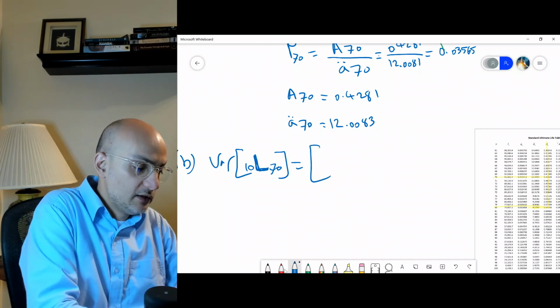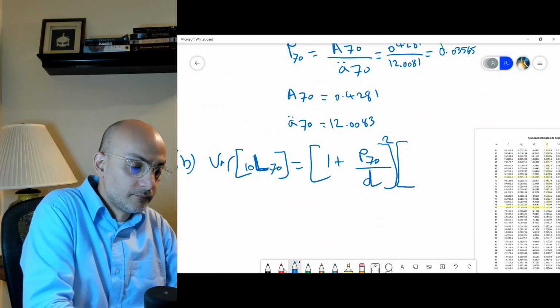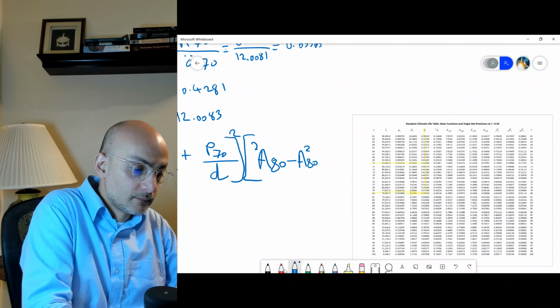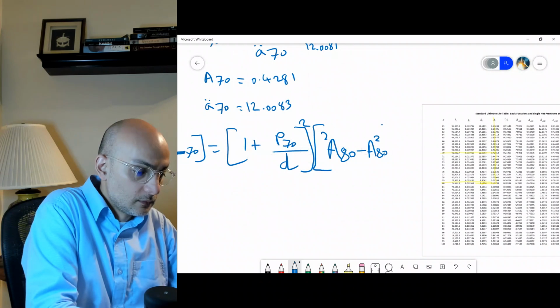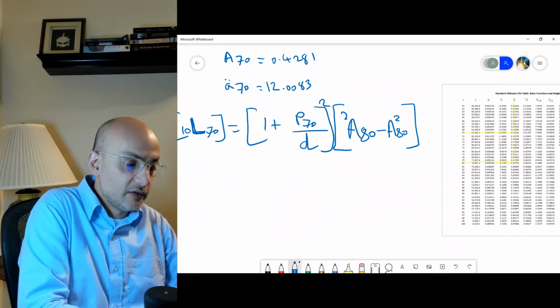The formula is, as you remember, 1 over the premium issued to 70, divided, now this discrete case, by d raised to 2, now 2A80 minus A80 squared. It's good. We have the P70 already, I think.